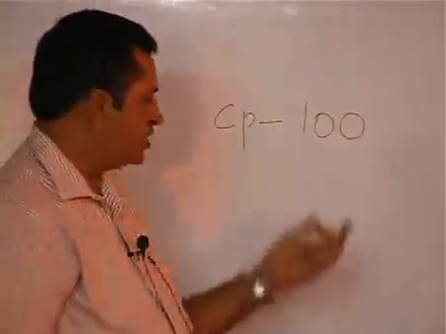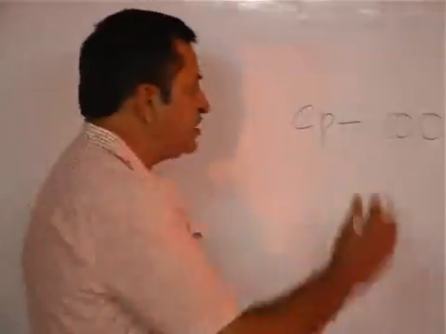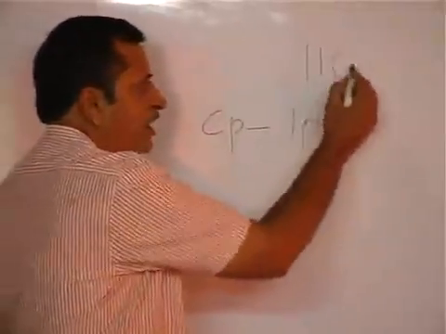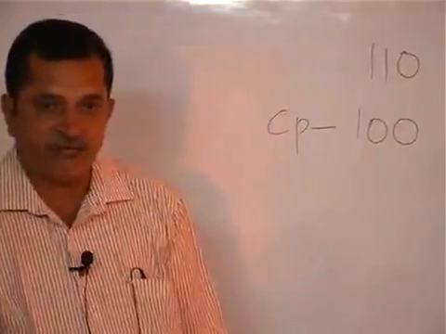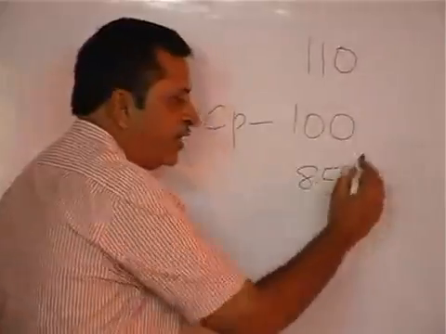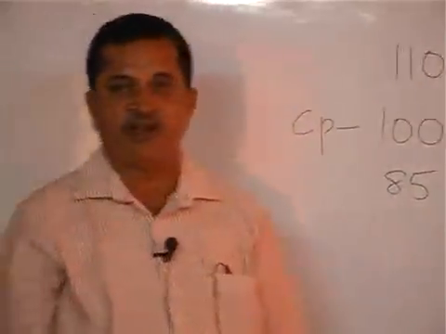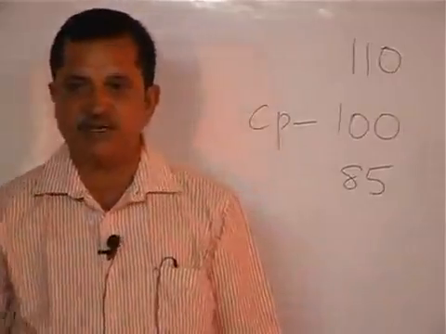So, assuming all the cost price as 100, selling at a profit of 10% means what is the selling price? 110. Selling at a loss of 15% means what is the selling price? 85. This is the concept we adopt. This is the simplest method, right?